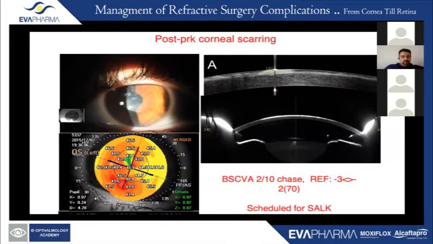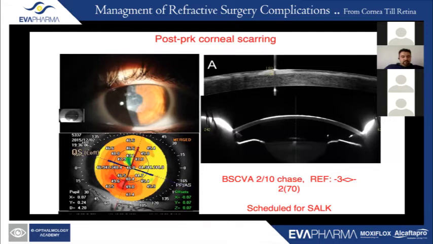Look at this. This is a post-PRK corneal scarring. It is a very dense plaque, more than 180 micron. In these cases, the patient was referred to me, but he was already scheduled for a SALC.